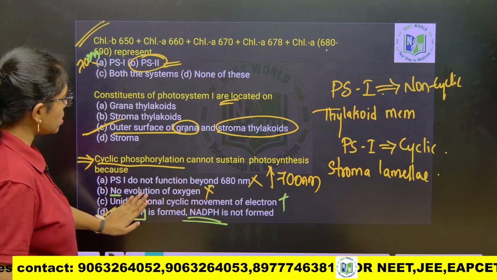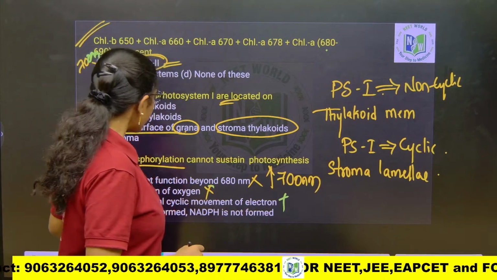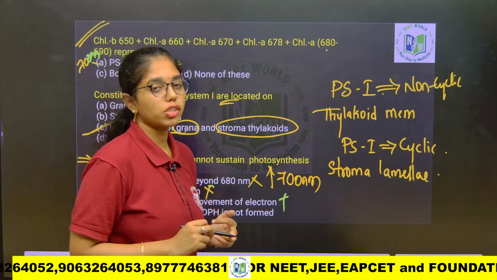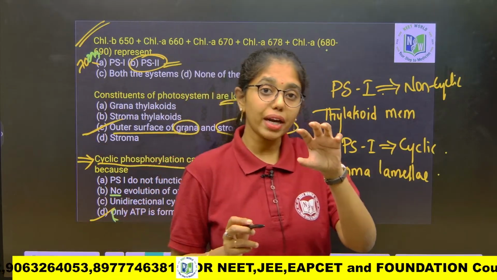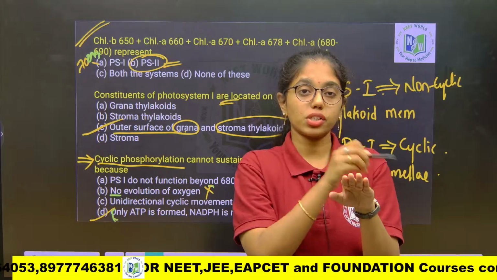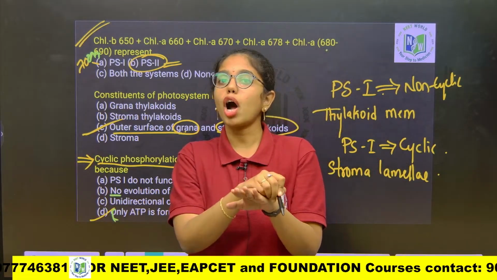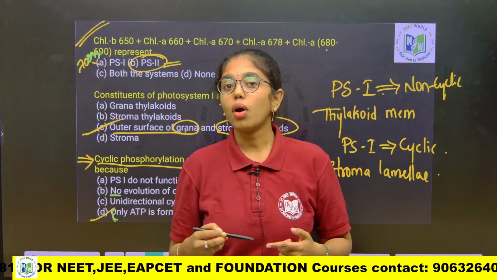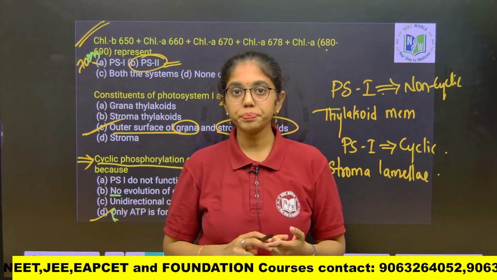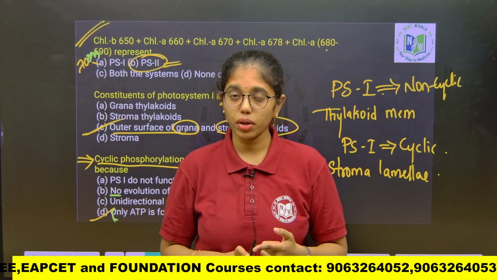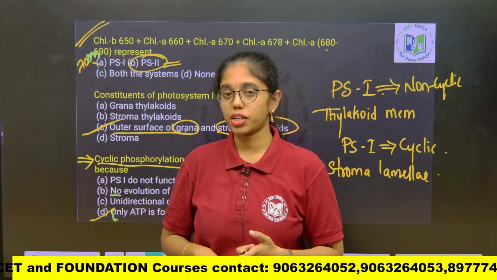How, ma'am, is this affecting? Because the dark reaction or the biosynthetic phase of photosynthesis is dependent on the light reaction. It is dependent on the products of light reaction. What are the products of light reaction? Assimilatory power is the primary product of the light reaction.